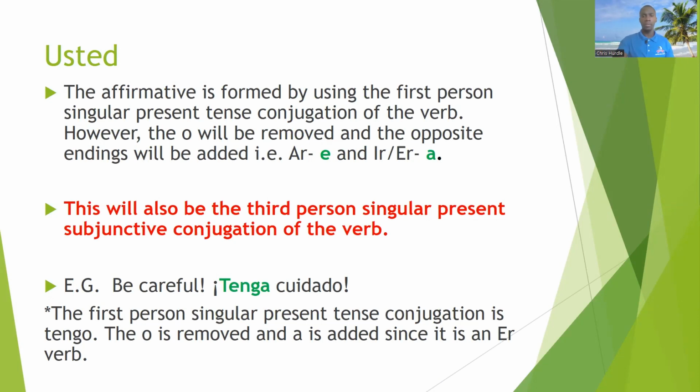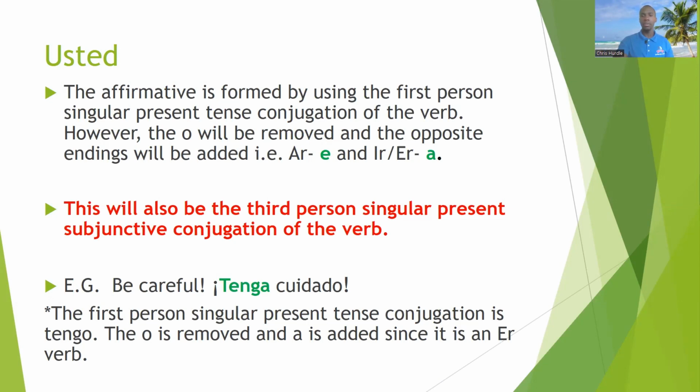Be careful. You know that the expression in Spanish for be careful is tener cuidado. So we have the verb tener. We conjugate it in the first person singular present tense. So we get tengo. Remove the O, and because this is an ER verb, we add A. Therefore, tenga cuidado.